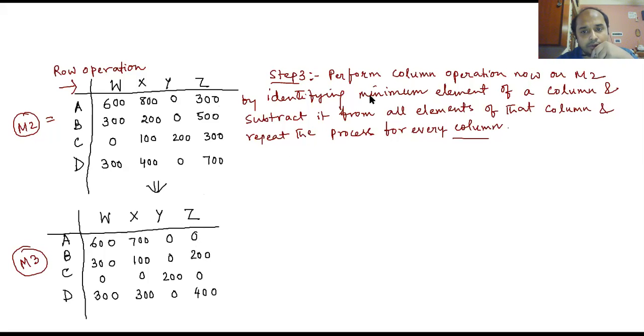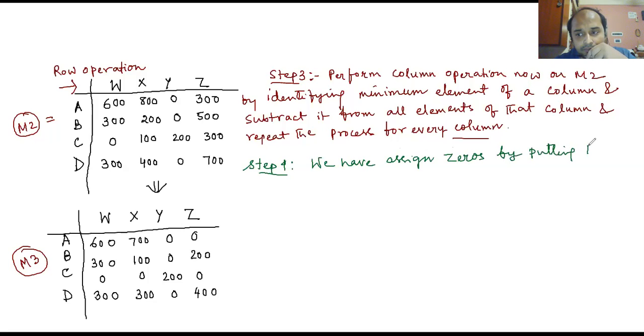Now I'm going to write step number 4. What we need to do now is assign zeros by putting them inside a square box. And how to perform this?